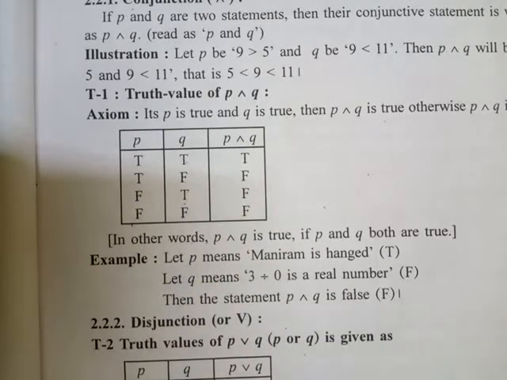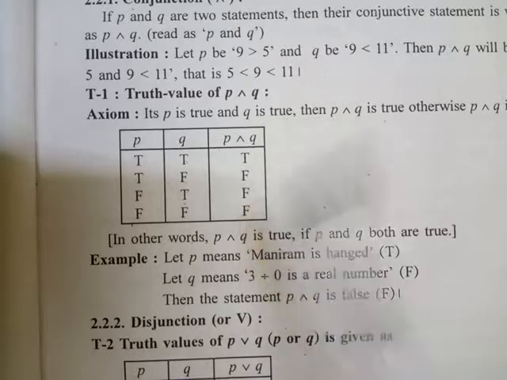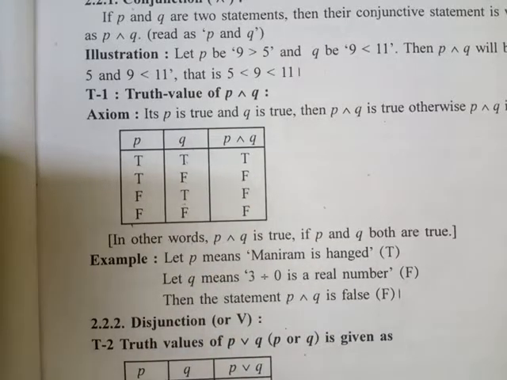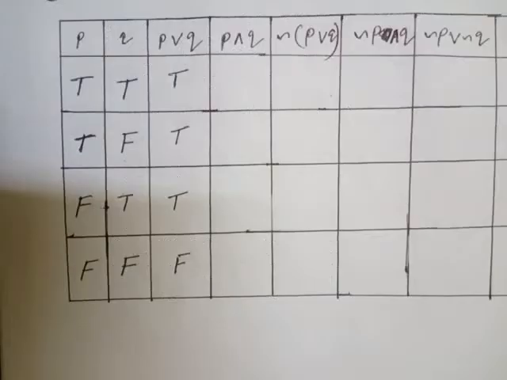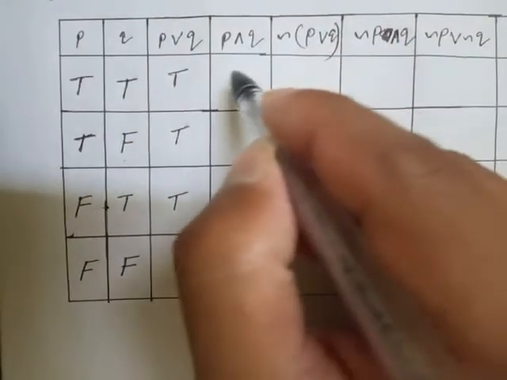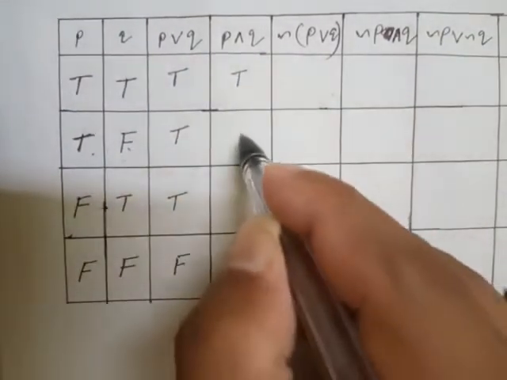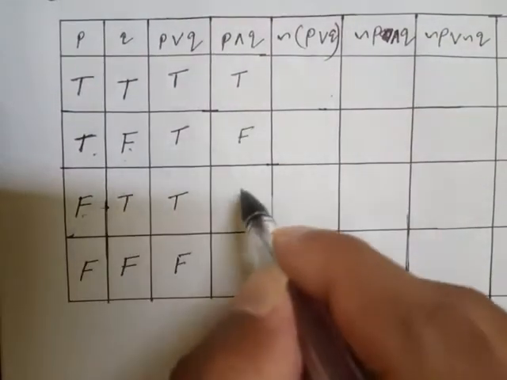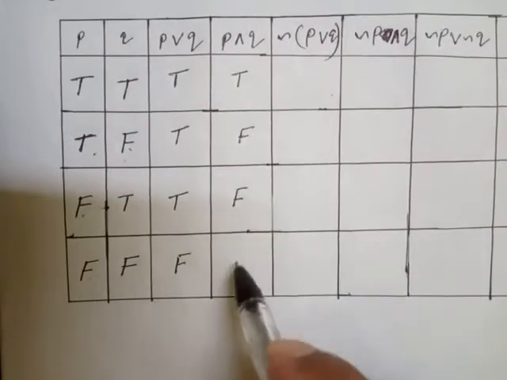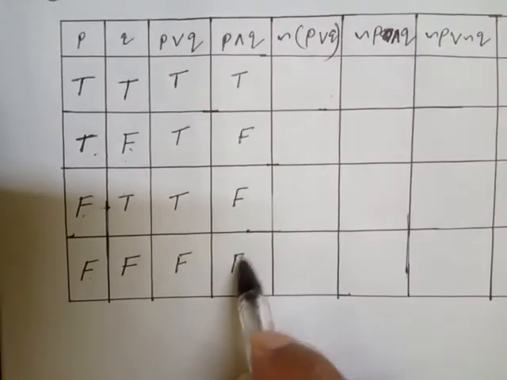Depending on this table we are going to solve p conjunction q. Now first one is true true true, true false is false, false true is false, false false is false.